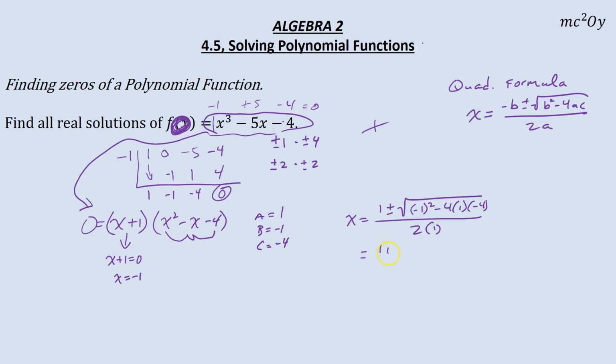That gives me 1 plus minus square root of 1, and that's plus 16 over 2, or 1 plus minus root of 17 over 2. Okay, so those are my other two solutions here. So this part gives me a solution of x equals that. So x equals here 1 plus minus root 17 over 2.